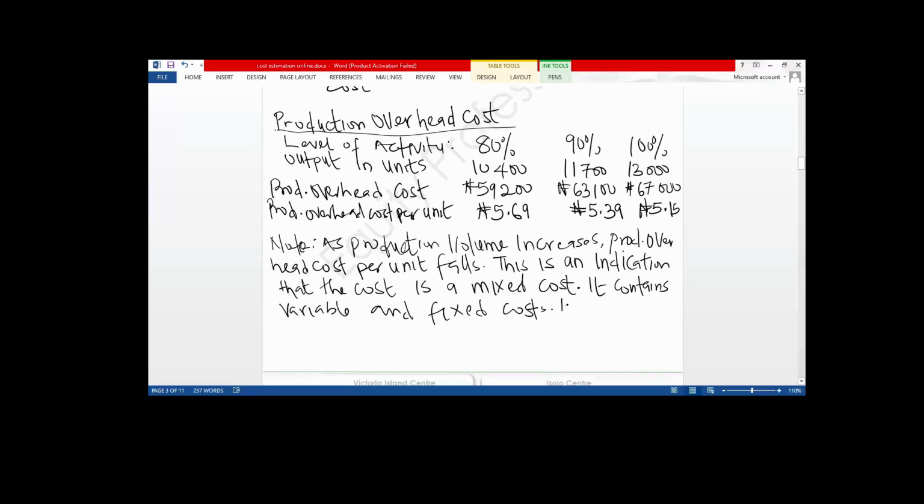In this case, we use the high and low method to separate the cost, because the production overhead cost is a mixed cost.